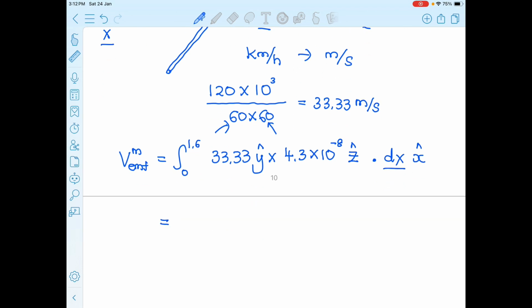Now let's settle the directions. Y cross Z gives X, and when X dot product with X, you get 1.